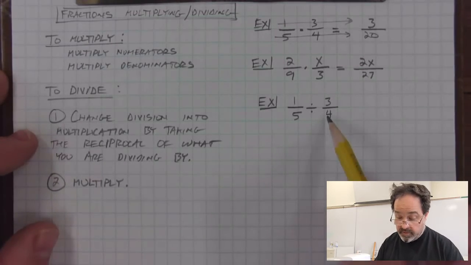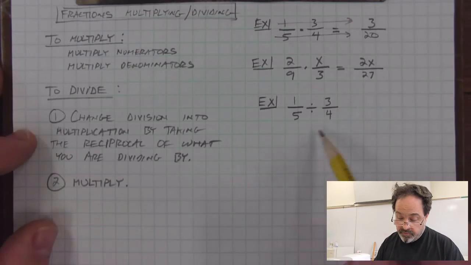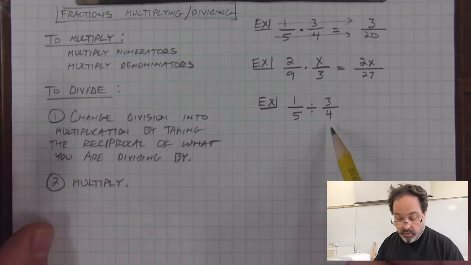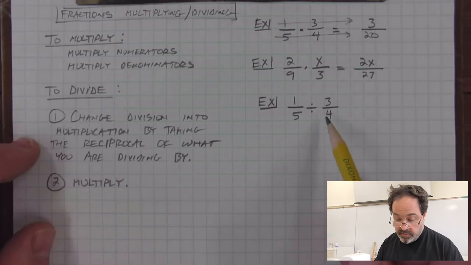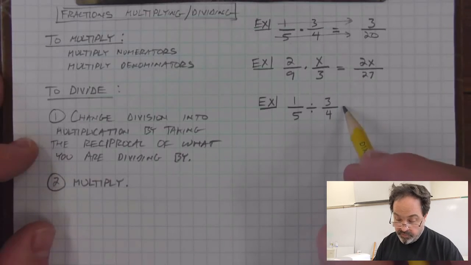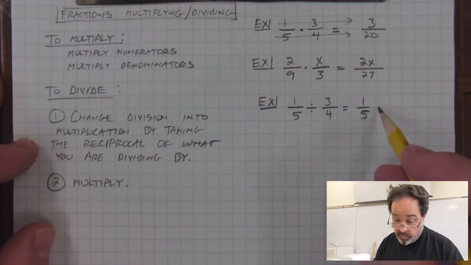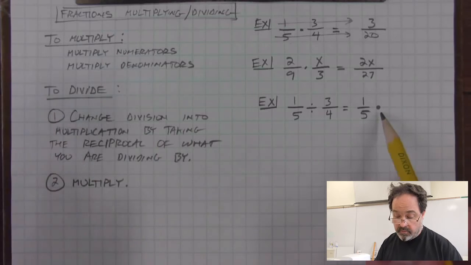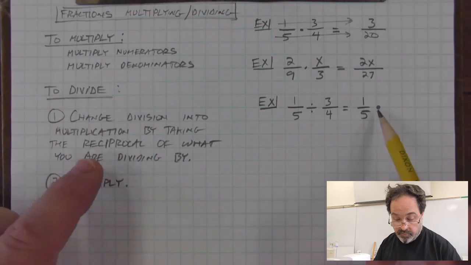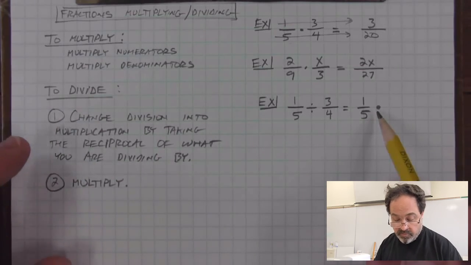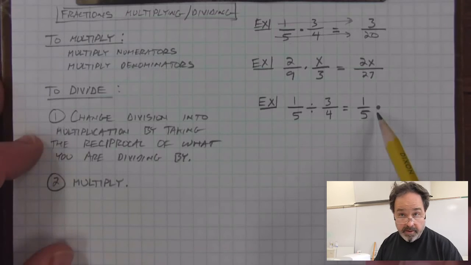So let's work this example. We have fraction division. We're going to take the first step of changing the division into multiplication. So the problem will be changed into the 1/5, and instead of dividing, we're going to change it into multiplication. But we also have to make the other change by taking the reciprocal of what we are dividing by.